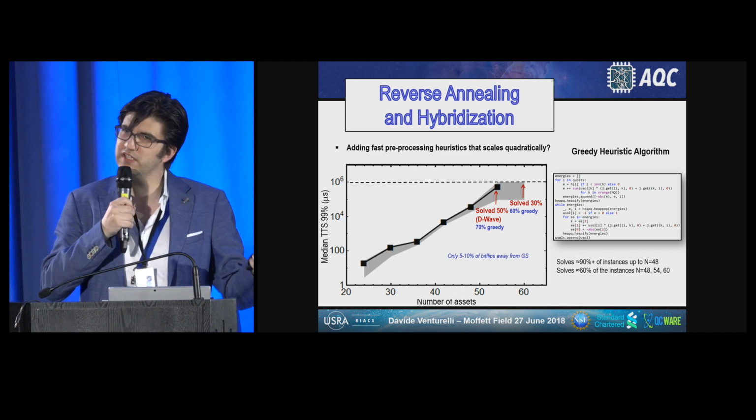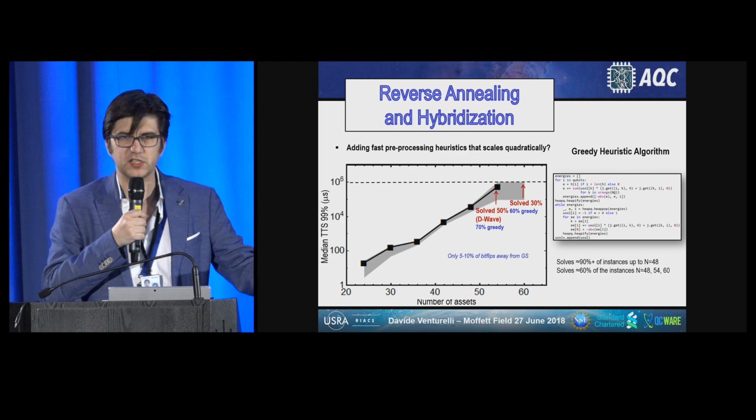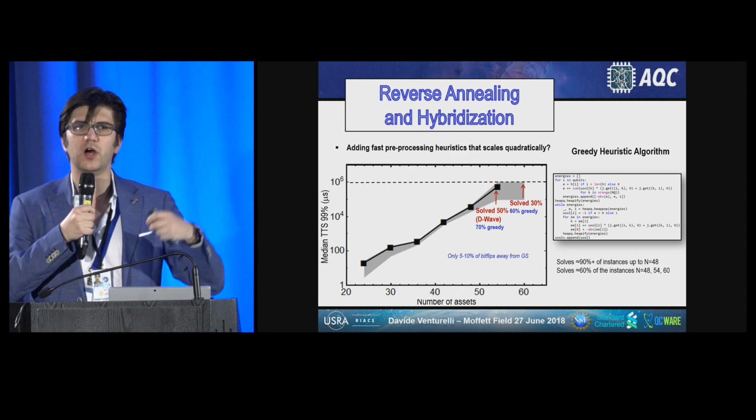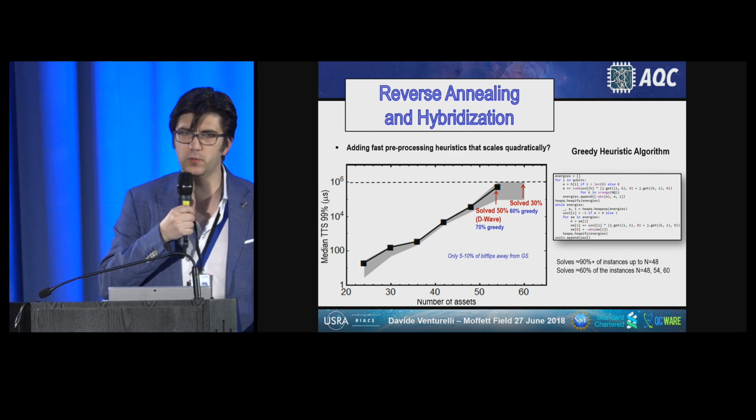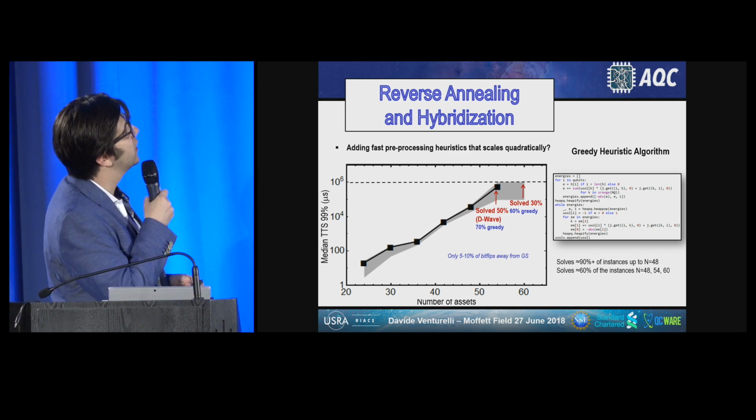So we decided to take the solutions of the greedy heuristic search and to feed them to a reverse annealing procedure. So we use the reverse annealing feature of the new machine.